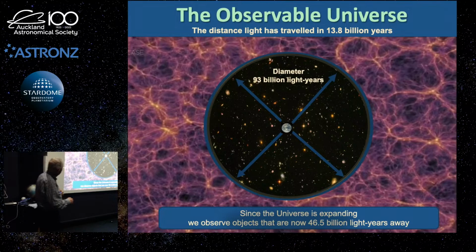So we put the Earth in the middle, and we're seeing objects that are about 46.5 billion light years that way, and that way, in all directions. In other words, the area of the universe that we can see since the universe began is 93 billion light years across. Once again, run that back through your mind into superclusters and galaxies. So that's the observable universe.